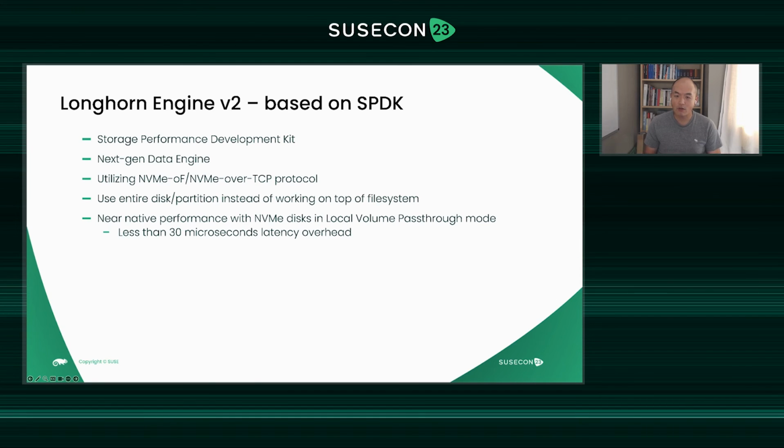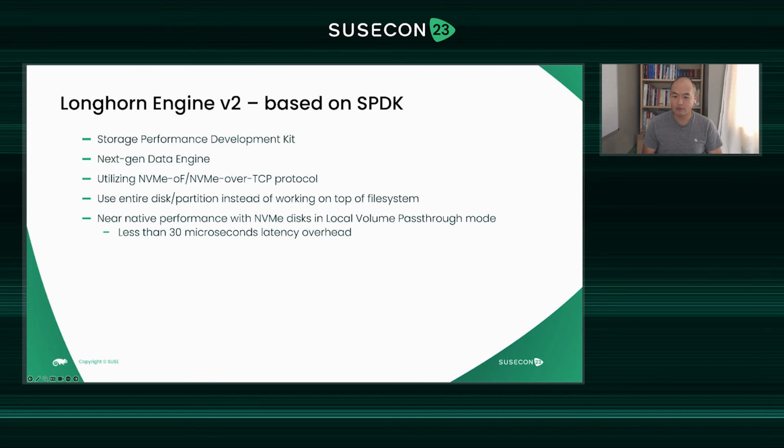But starting with Longhorn Engine v2, we're going to utilize the NVMe over Fabrics or NVMe over TCP protocol for the whole stack. This is of course the latest industry standard, optimized for NVMe, and we are using it as the standard protocol for the data plane communication in Longhorn.